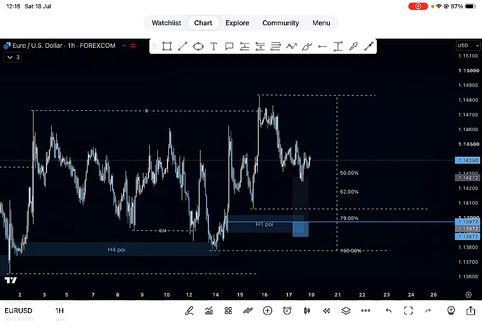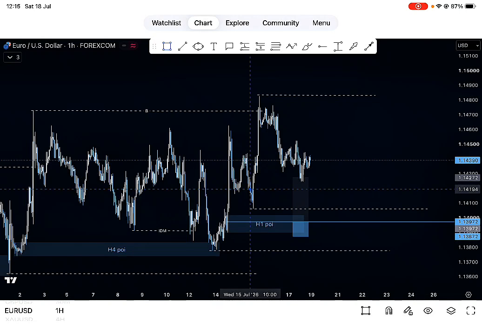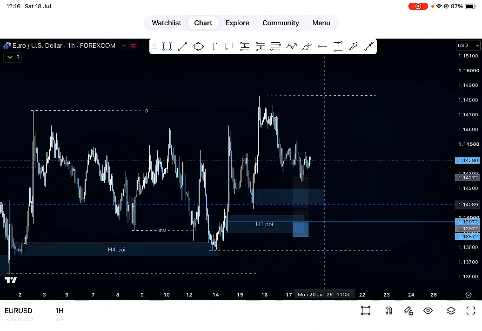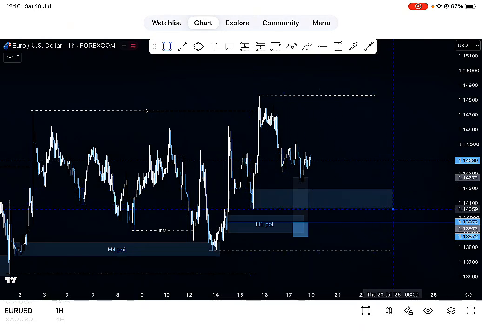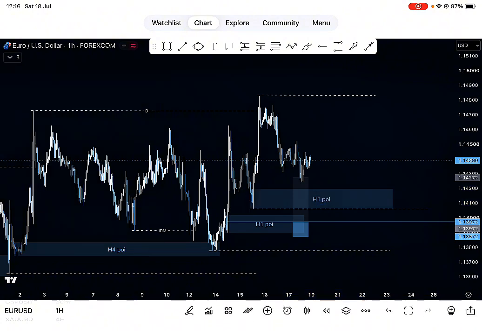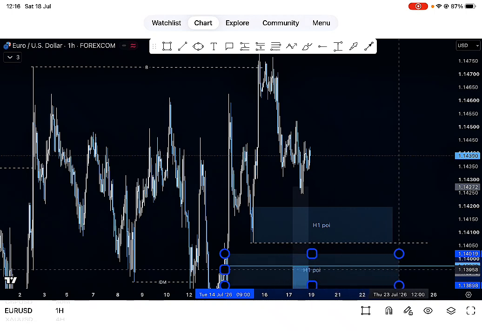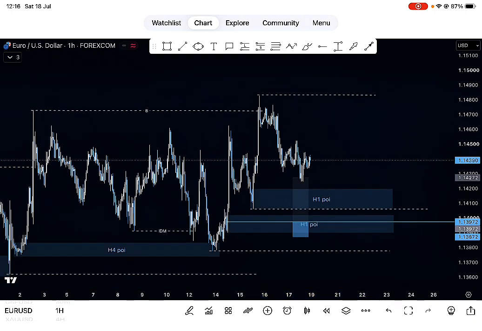let me mark out the POIs from this range that I marked out, so we can see. This is a POI, a good POI, by the way, H1 POI, and this is another H1 POI. From these two POIs now, which one do you think is stronger?